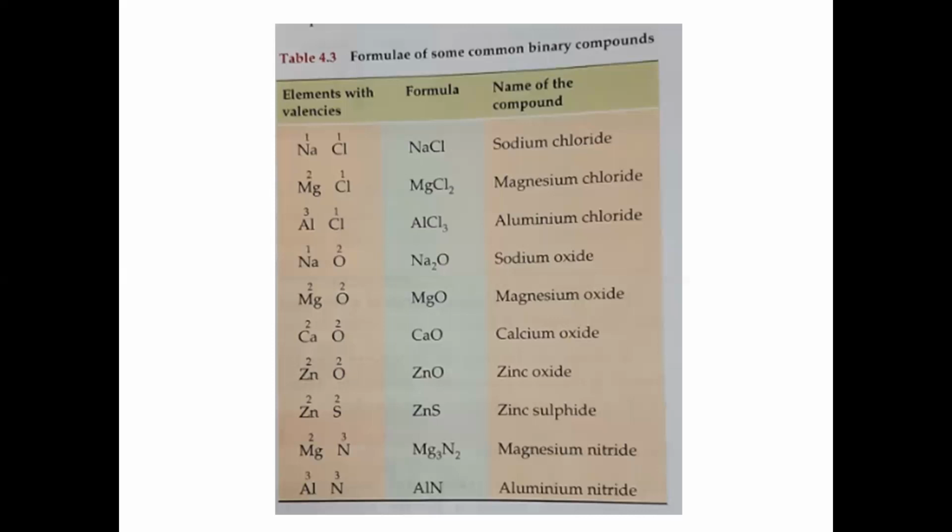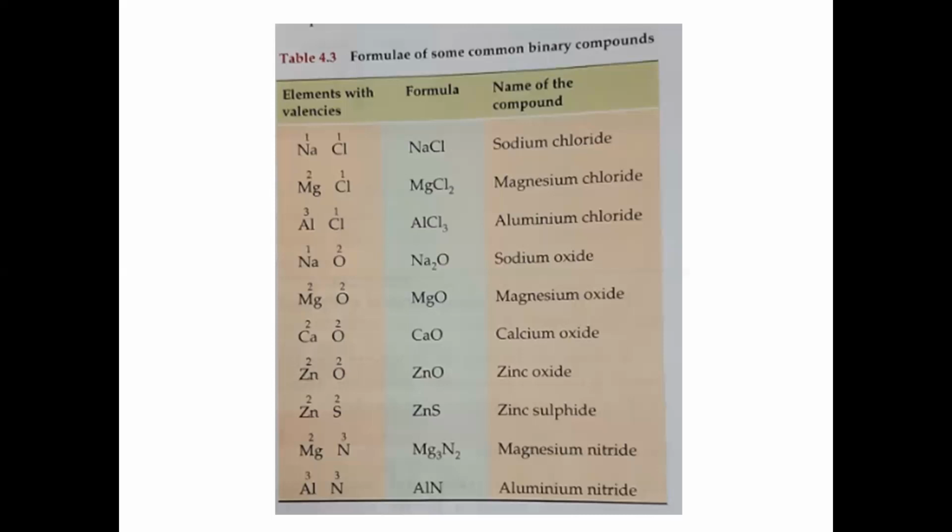So formula Mg3N2, and the compound name magnesium nitride. Next, last one, Al3N3. So formula is AlN, and the name of the compound is aluminium nitride.